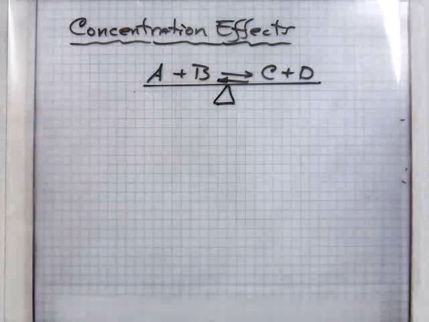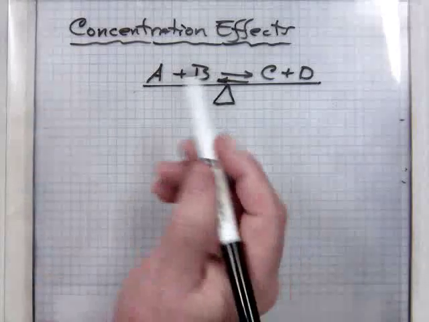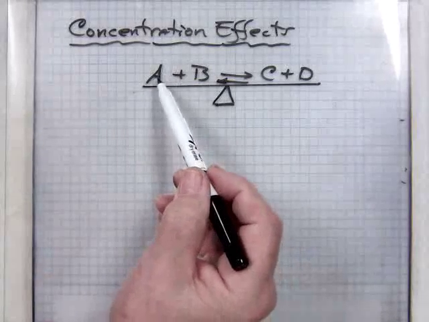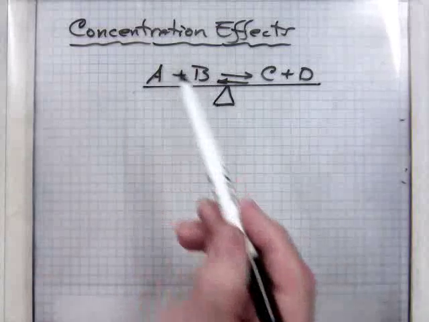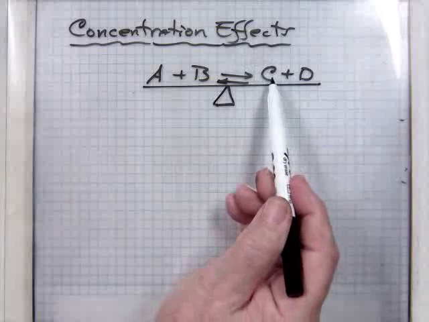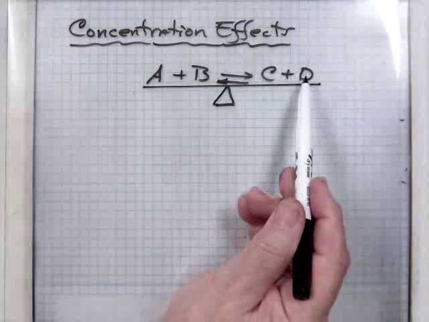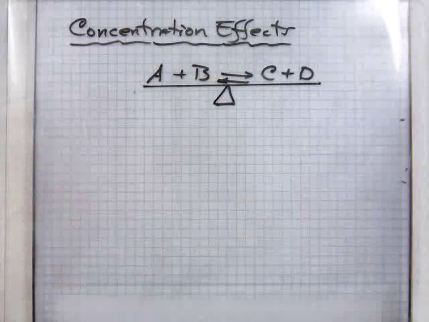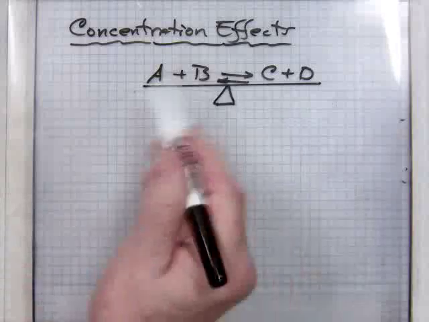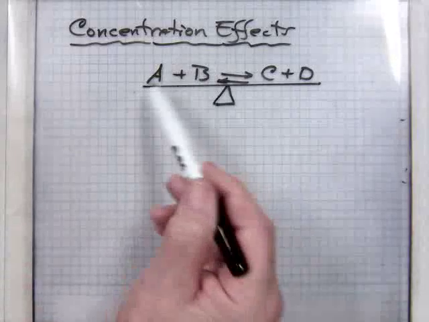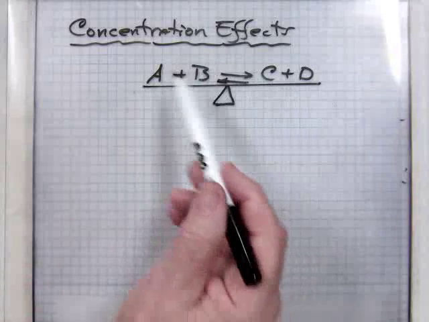Now, when the stress is applied, it's a concentration effect. And so you're either adding more A or more B or both, or you're introducing more C or more D or both. So from a logical standpoint, what would happen that your experience tells you would happen to a seesaw if you have, say, all children on the seesaw, and all of a sudden one got off?